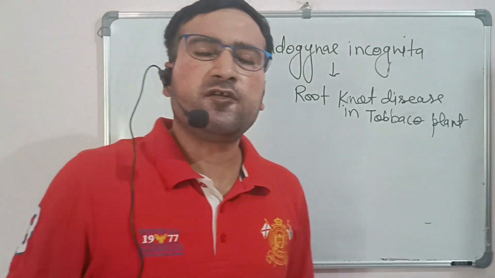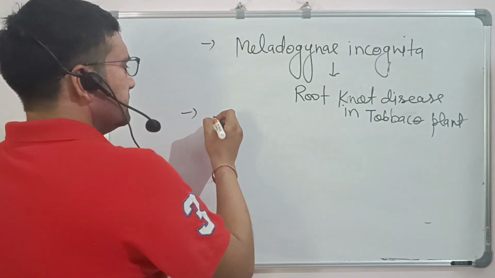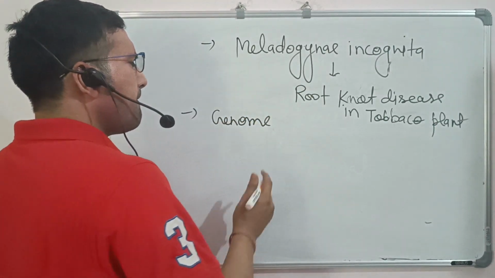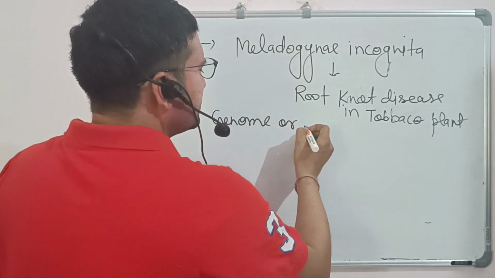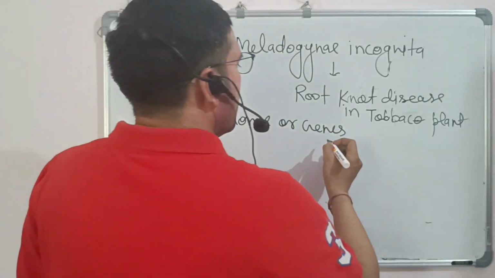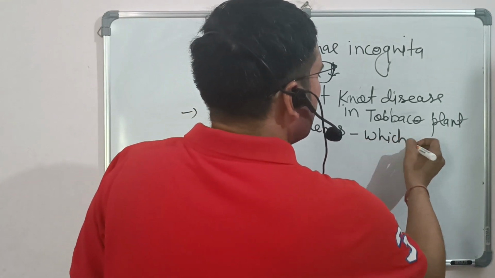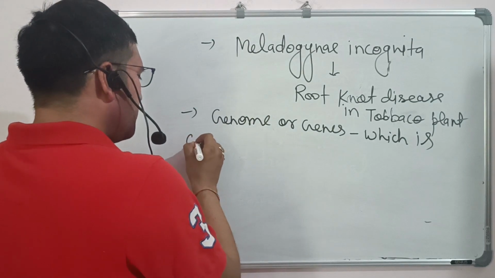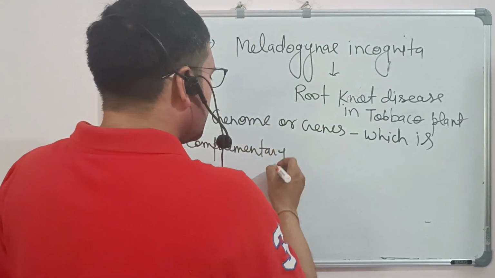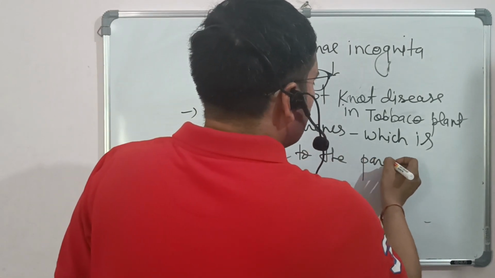For the RNA interference, we use the genome or genes which are complementary to the parasite.